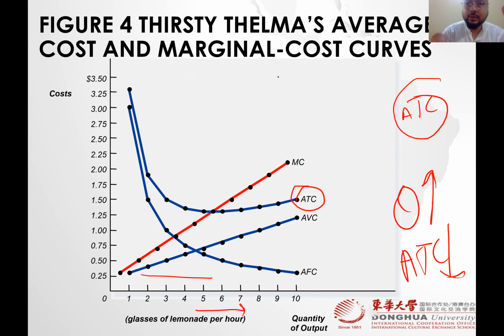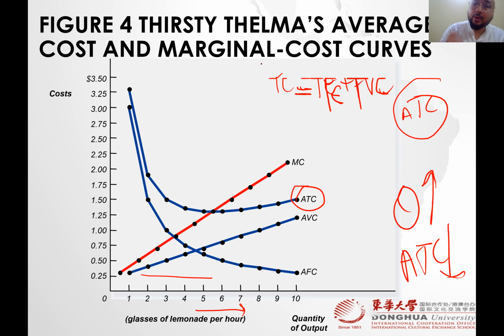The formula says total cost is equal to total fixed cost plus total variable cost.